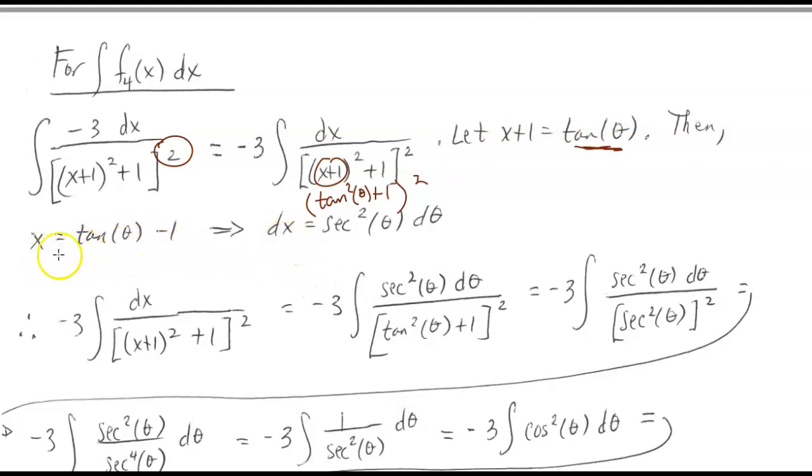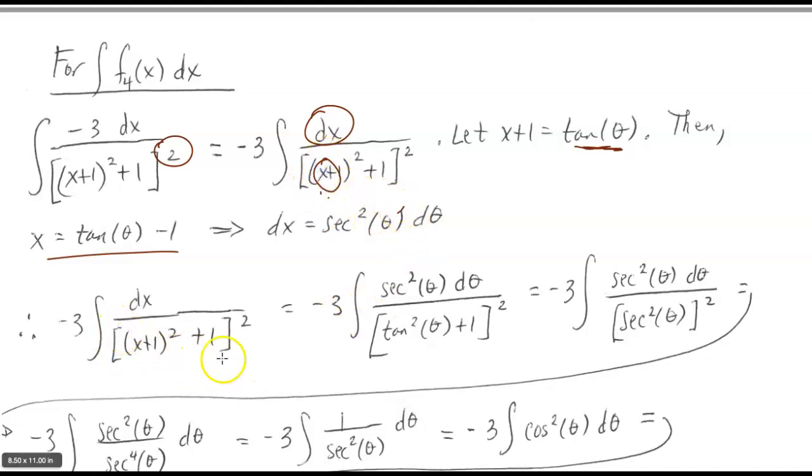And if we take the derivative, this is just going to be secant squared theta d theta. We need to know all that because we want to replace dx here. I also need to know what x plus 1 is.